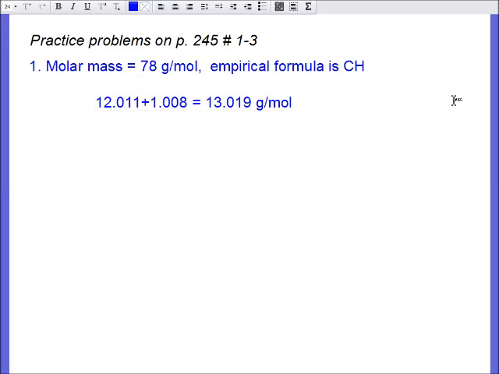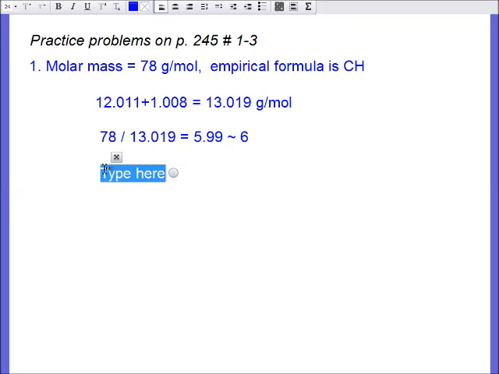Next step I'm going to do is take my 78 that I'm given, divided by 13.019. That equals 5.99, which is approximately equal to 6. Okay, that's the ratio of the molar mass of the compound to the molar mass of the empirical formula.